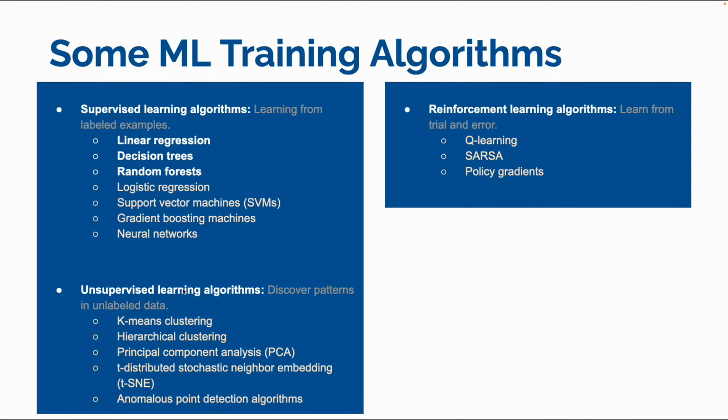We also have unsupervised learning, and usually this involves discovering patterns in unlabeled data, and reinforcement learning, which usually means you're learning from trial and error. So there are different types of models. You can read about them and try them out.